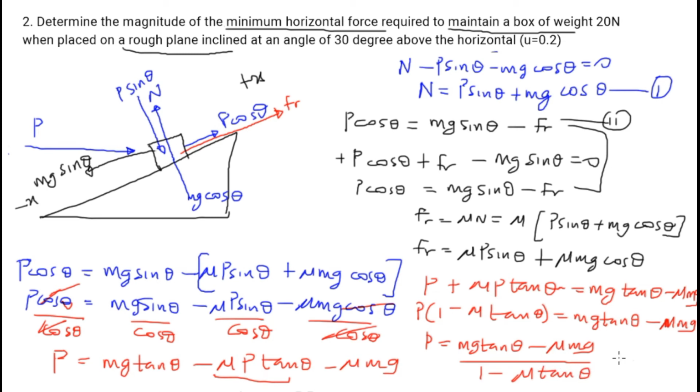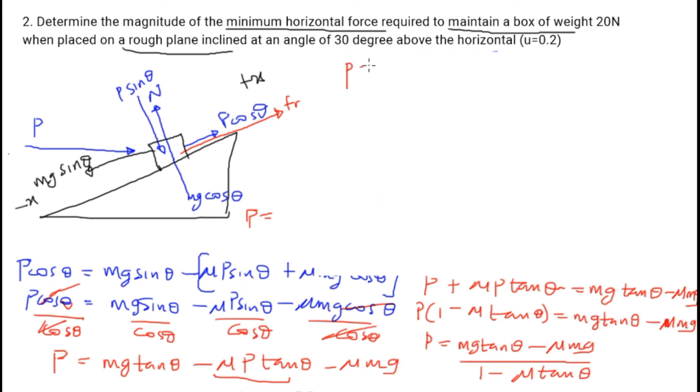So mg is common in the numerator, so P is equal to mg, tan of theta minus mu, upon 1 minus mu tan of theta.